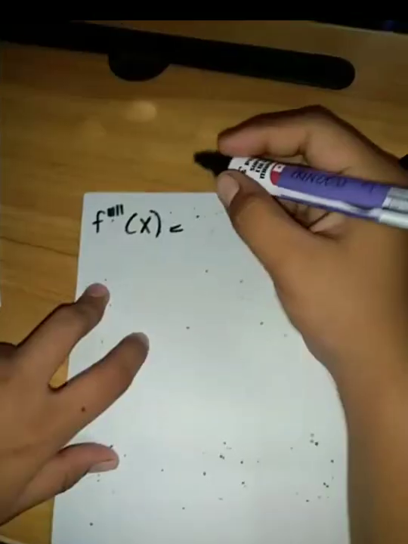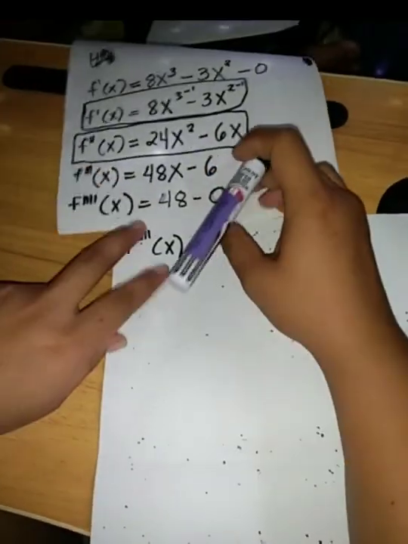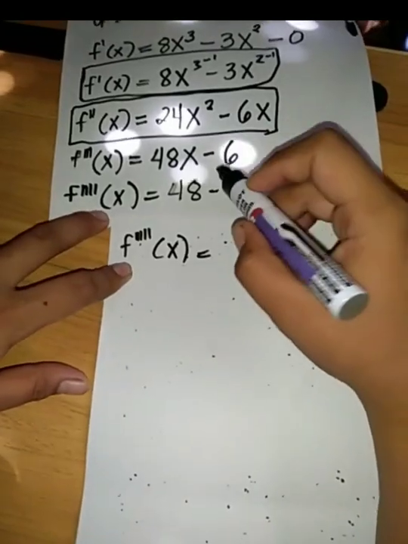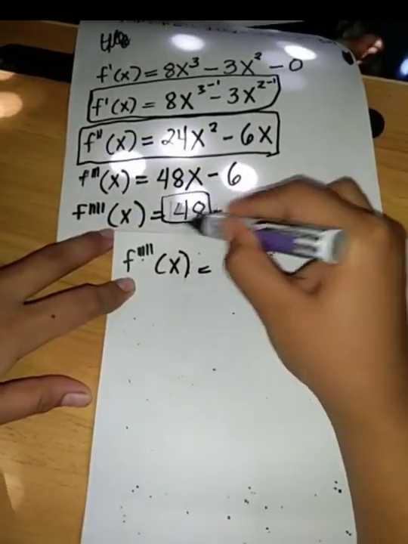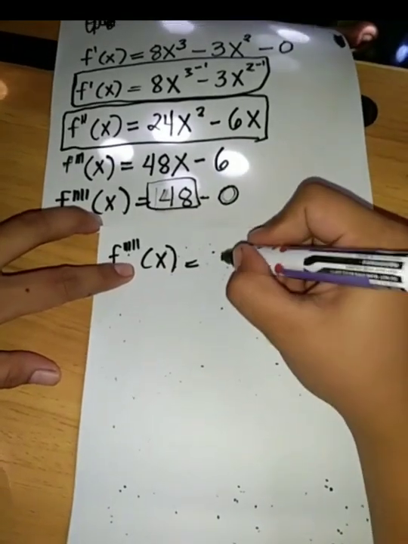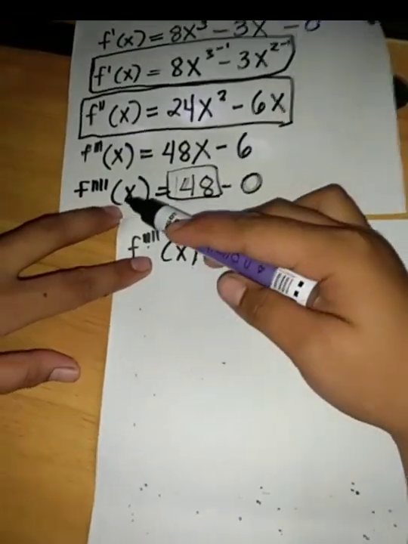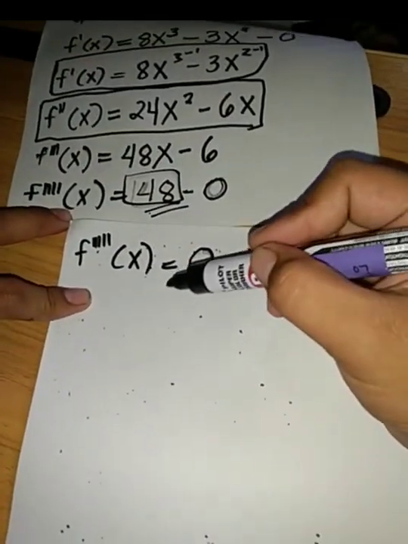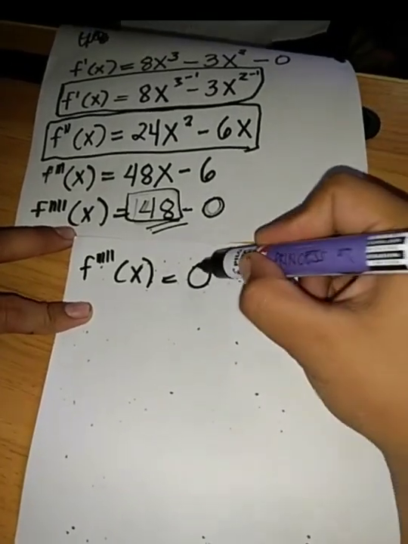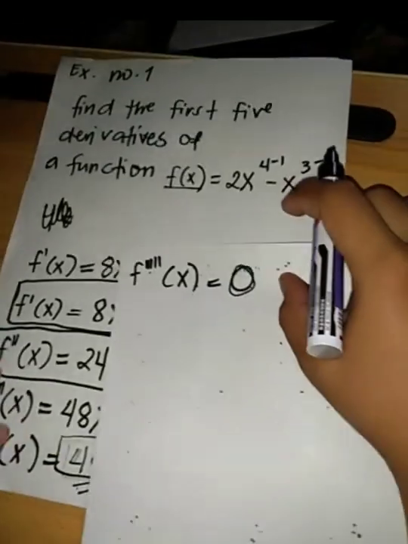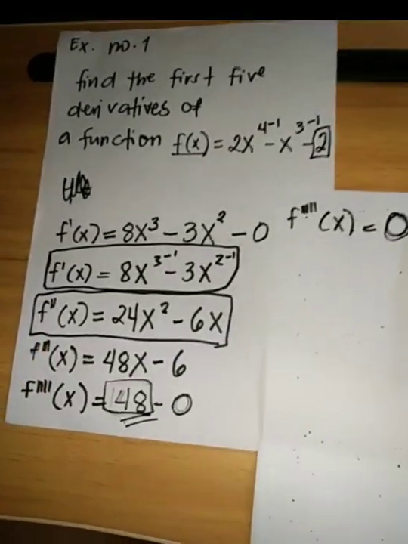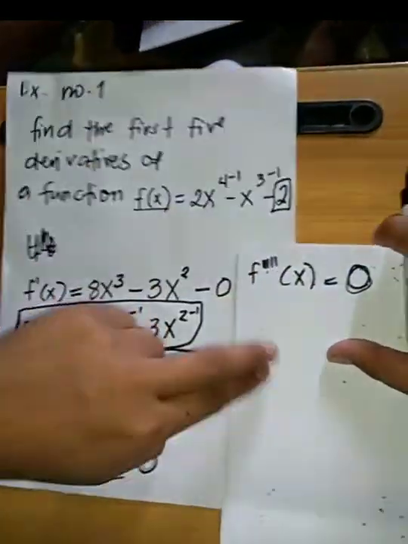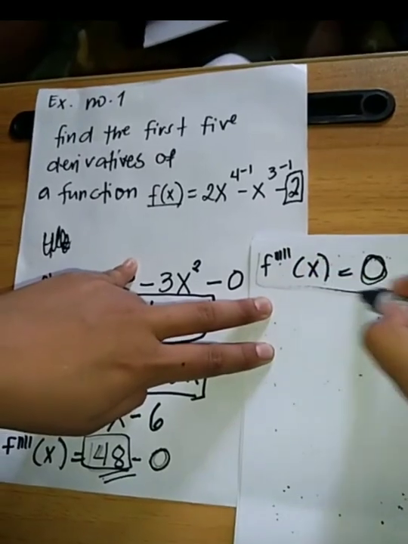Since the fourth derivative of the function is only 48, which is a constant number, the fifth derivative of the function is going to be 0. So we already found the first 5 derivatives of the function.